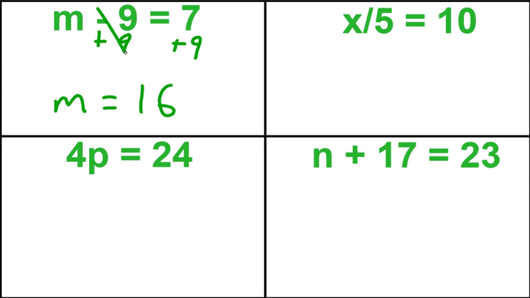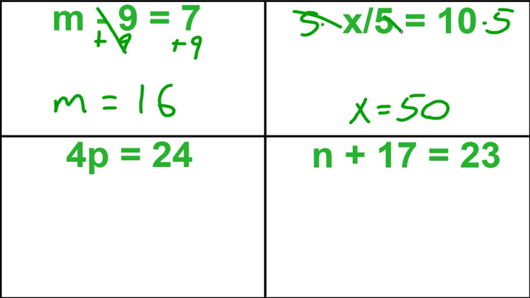How about X? X equals 50 is correct. It's dividing by 5, so we multiply each side by 5. On the left side, it'll cancel out. 10 times 5 gives us 50.